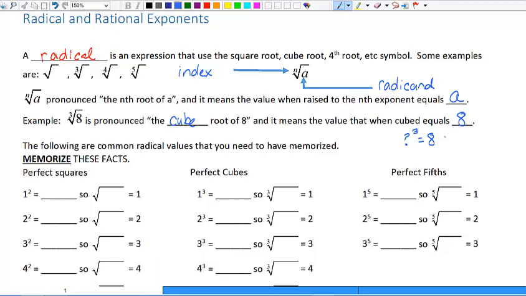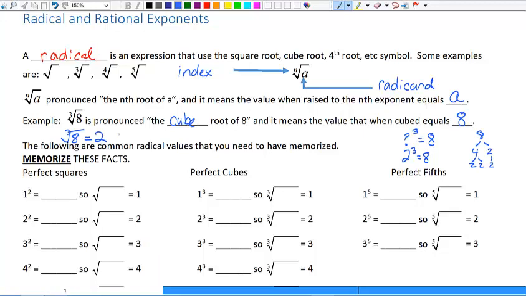What value, when I cube it, would get me the inside? Well, one way of thinking about that is taking 8 and breaking it up. So we have 2 times 2 times 2, so therefore 2 cubed is 8. So when we have the cube root of 8, that equals 2. So that's what a radical symbol is.